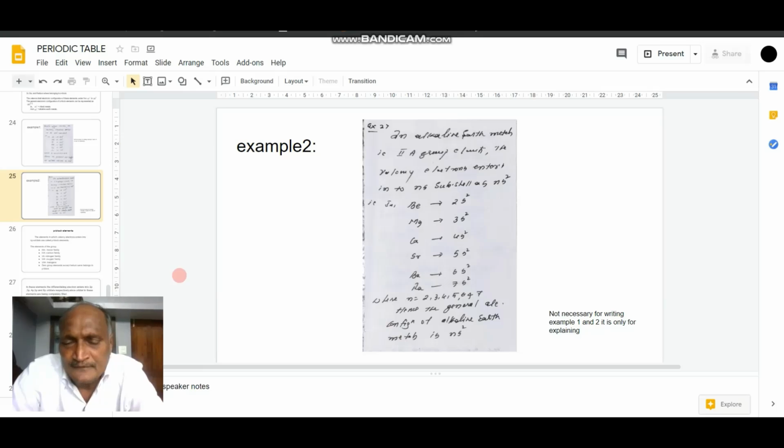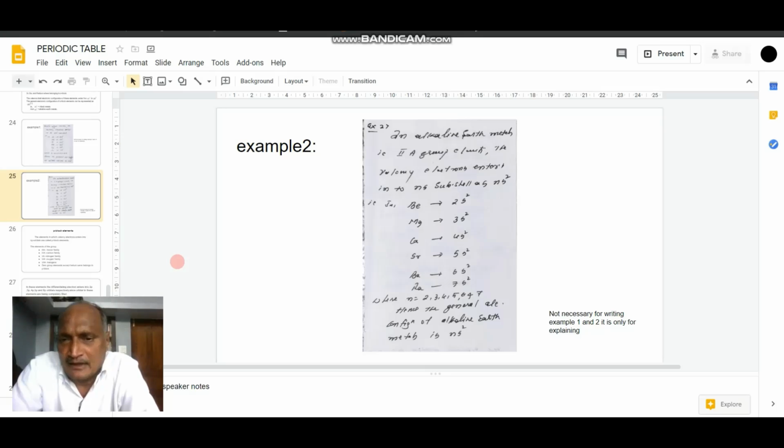So here, in the first A group, that is alkali metals, and in the second A group, that is alkaline earth metals, both group elements are receiving their valency electron in the form of ns1 or ns2.